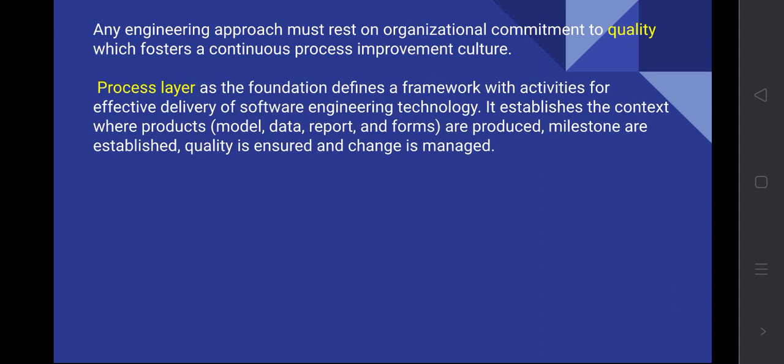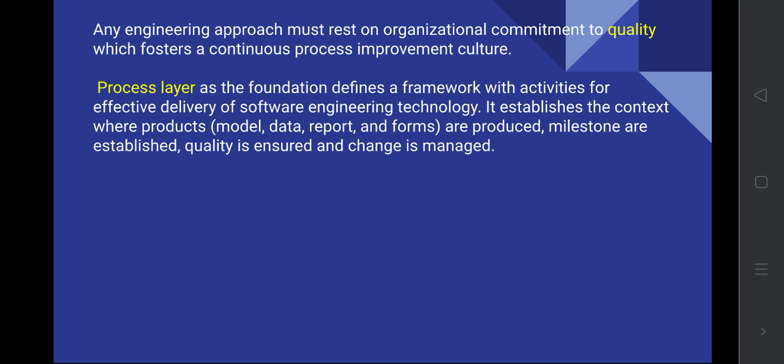The process layer is the foundation that defines a framework with activities for effective delivery of software engineering technology. It establishes the context where products, models, data, reports and forms are produced, milestones are established, quality is ensured and change is managed.